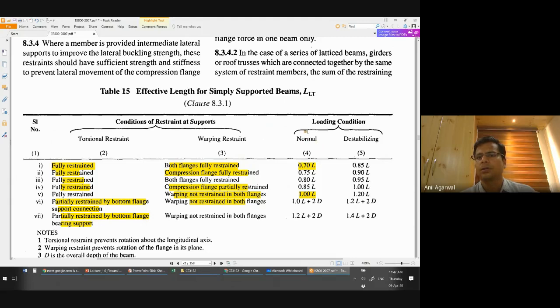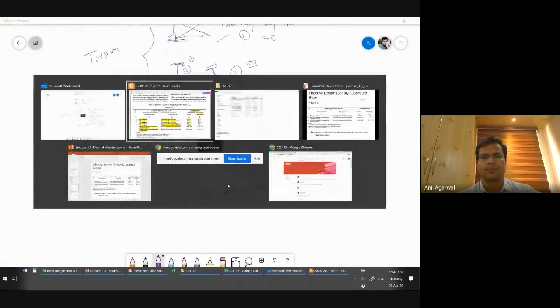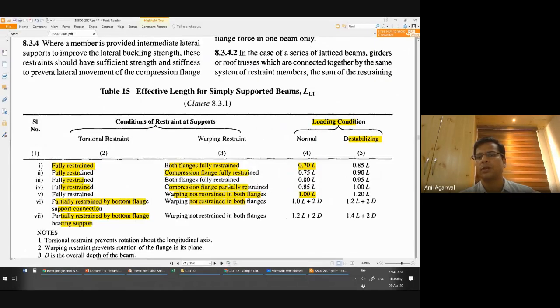Now there is another complication here which talks about loading condition. There is a normal loading condition and there is a destabilizing loading condition. Can you see it? What you can see here is that for normal loading condition, your effective length is smaller, but for destabilizing loading conditions, your effective length is a bit larger. By how much?